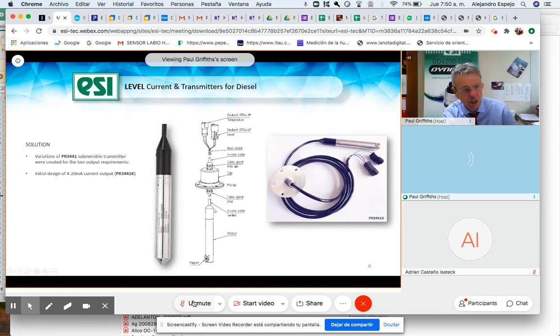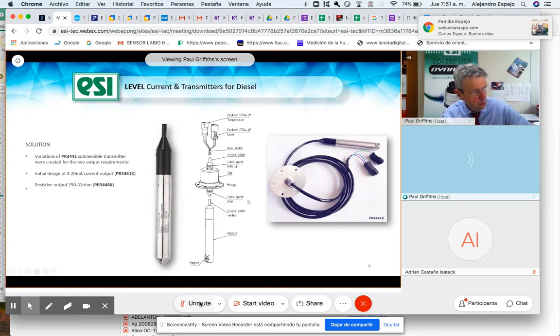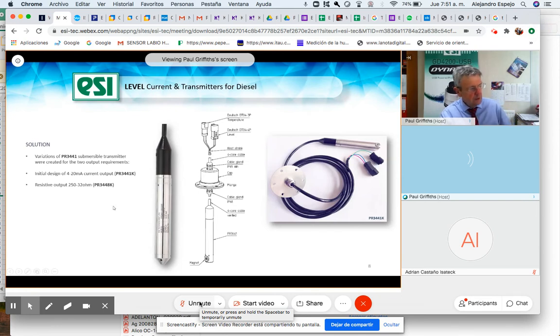Now, later on in this presentation, there's a little bit more about level, so I can explain a bit more about the process. But you can see here from the photograph that we have the transmitter with the cable, this flange, and two connectors. So what this customer wanted, because they were retrofitting resistive output sensors, they wanted the transmitter to have a resistive output.